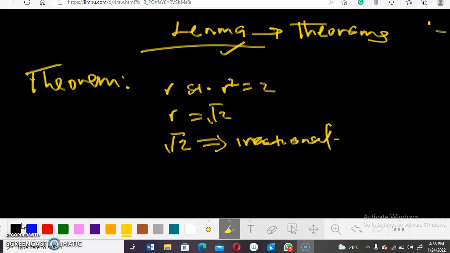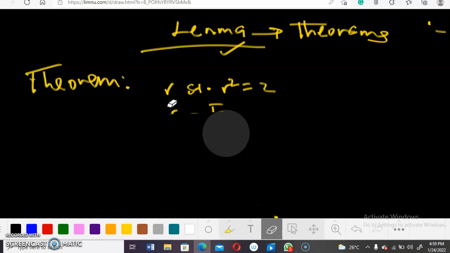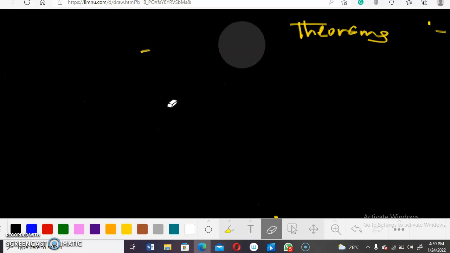So we can go ahead now to prove that root 2 is irrational using the lemma. We say, suppose on the contrary that root 2 is rational, because we are proving that root 2 is irrational.